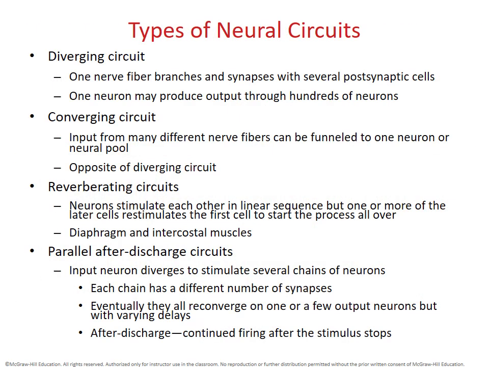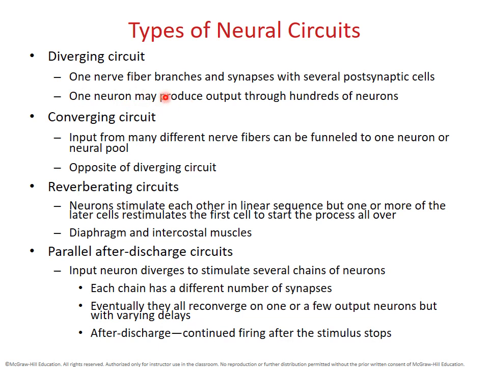And so using these discharge zones and facilitated zones, we can have different types of neural pathways or neural circuits. And again, these are like electrical paths that action potentials can follow. And you see here there's four basic kinds of neural circuits. Diverging circuits, of course, is where one axon branches and synapses with several postsynaptic cells, right, as we were just talking about, discharge zones and facilitated zones.